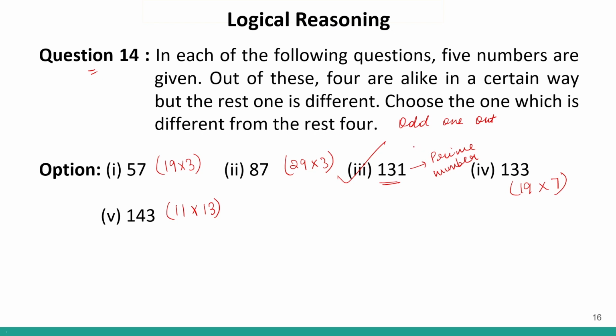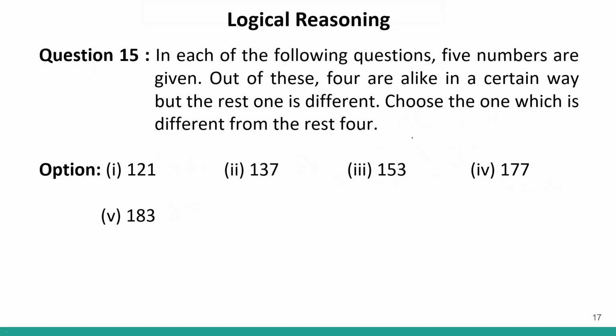Okay. Now, question number 15, again 5 options are given and we have to identify the odd one out. So if I look at the options, straight up I can see 121 is 11 square. So out of all the options, 121 is the number alone which is a perfect square. Correct?